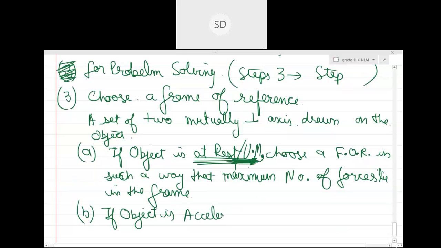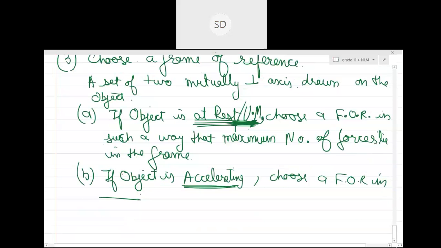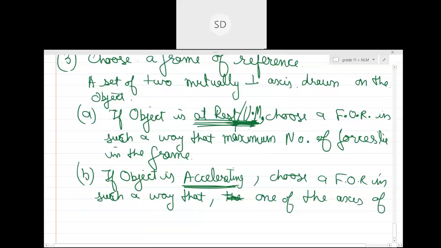If the object is accelerating, then choose a frame of reference in such a way that one of the axes of the frame lies in the direction of acceleration.